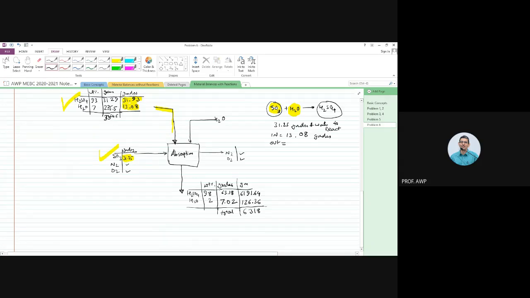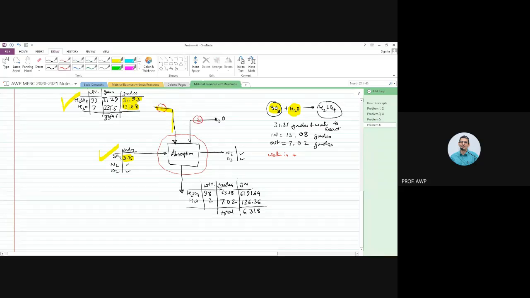Now if I am doing a water balance on this control volume, what water balance can I write? Let's call this stream number 1, stream number 2, stream number 3, stream number 4, stream number 5.